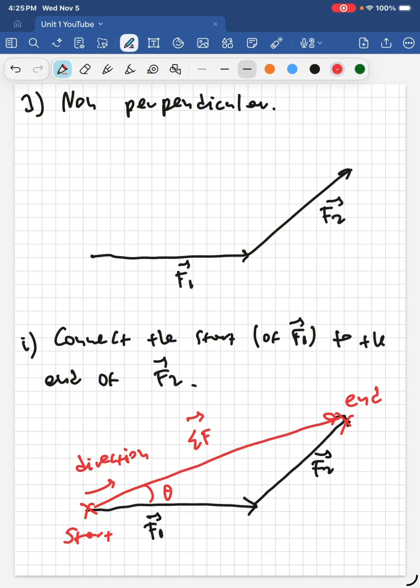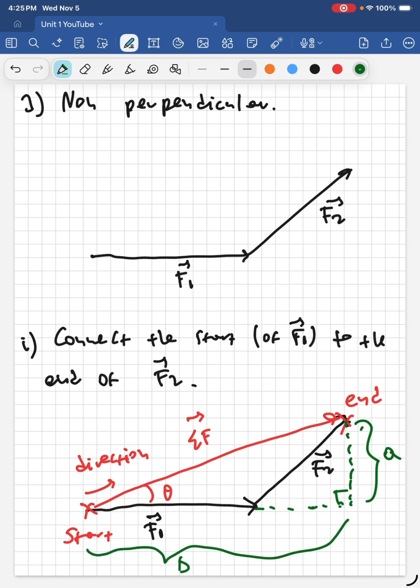Okay, a reasonable question is, you might ask me, how do you find that angle theta? To find it, okay, this is a right angle. So if this is, say, equal to A, and this is, say, equal to B, let's say that they give you these vectors at the scale, and you can use a graph paper or something like that.